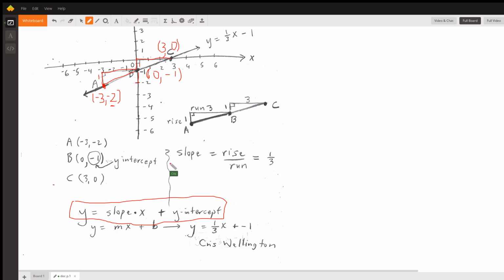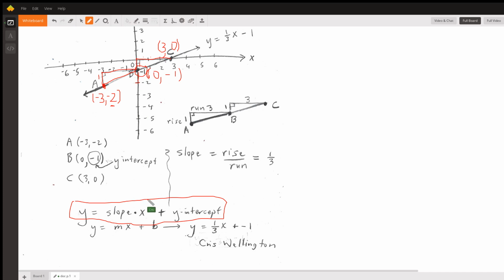The y-intercept is where the graph crosses the y-axis, and this graph crosses the y-axis at the point (0, -1). Traditionally for the y-intercept, a lot of us who teach algebra take just the y value. So the y value here is -1. It crosses the y-axis at -1, so that's the y-intercept.